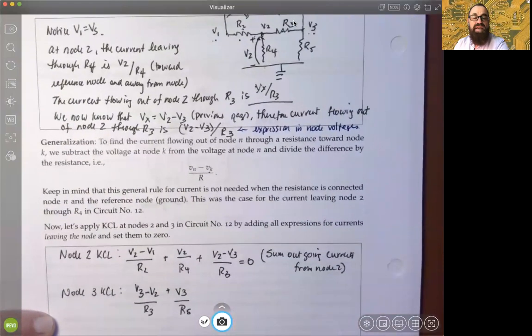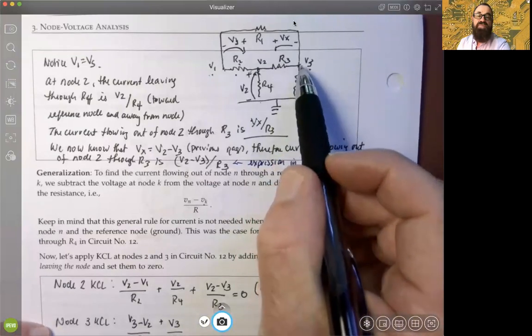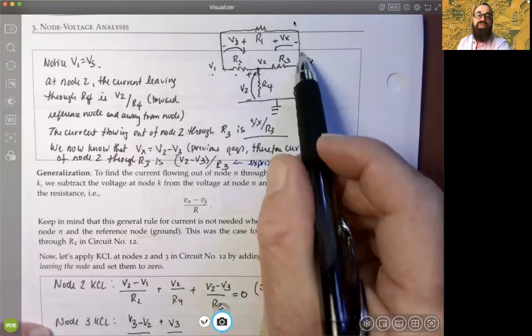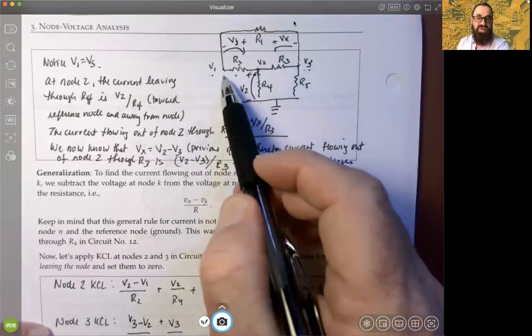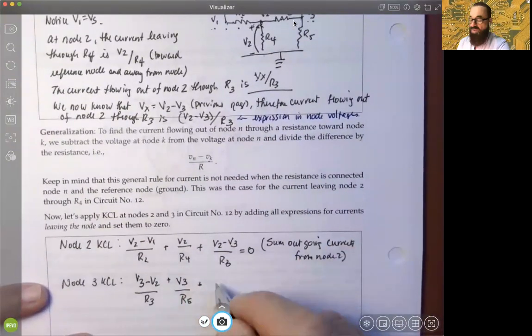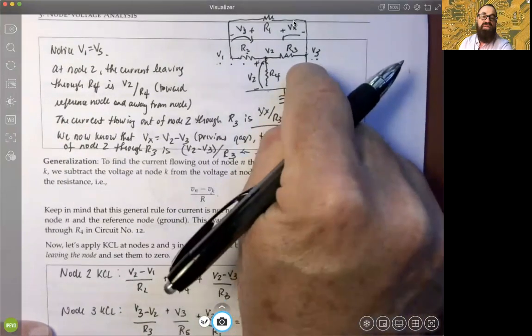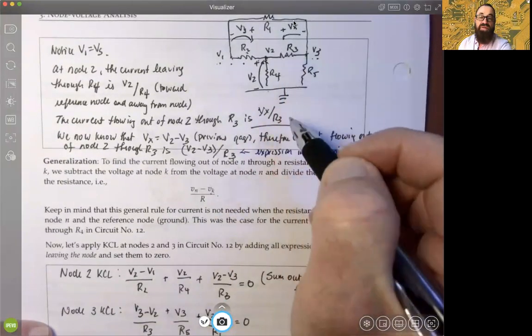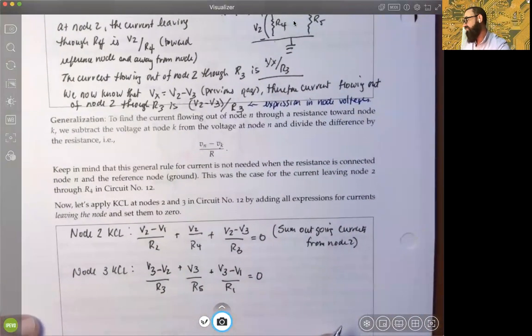And finally, the reason I had to go back to the original circuit is that you will leave node 3 and pass through R1 to get to the node voltage at V1. So the last outgoing current would be V3 minus V1 over R1. And that has to sum to 0. Looking at the circuit, there are 3 outgoing currents relative to that node, so you should have 3 components there.